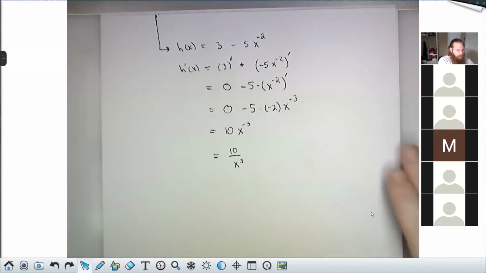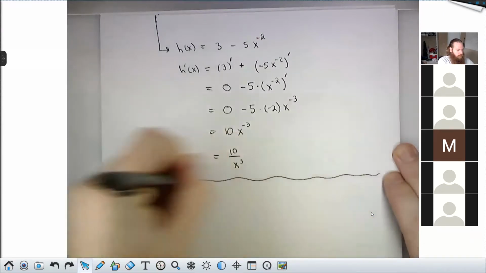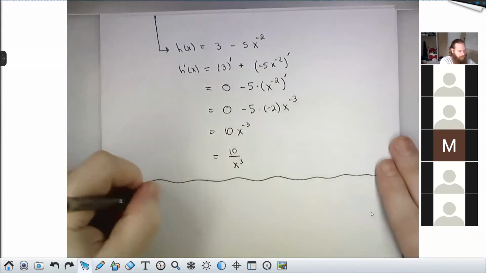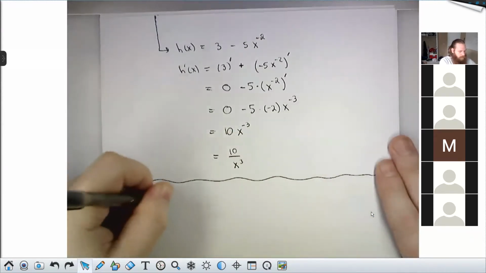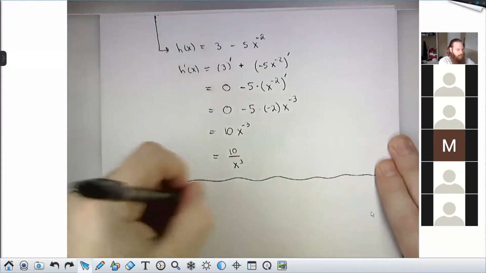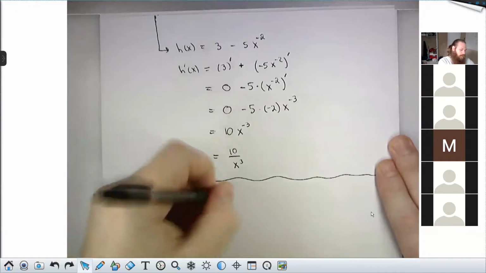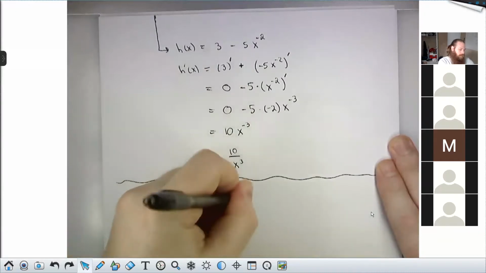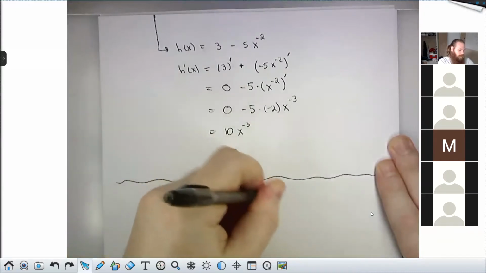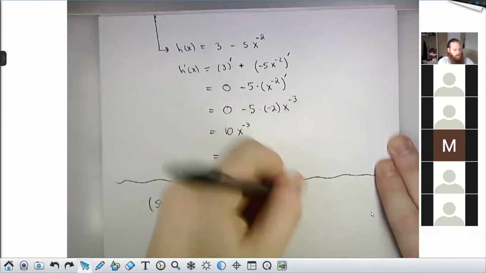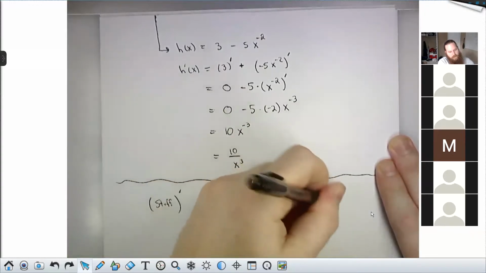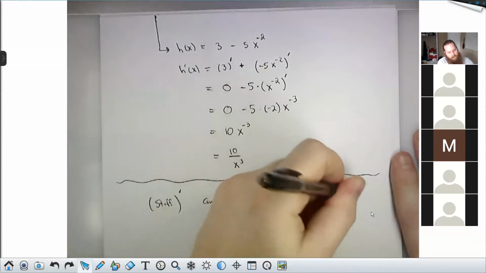The prime notation is good, but there's another notation for derivatives. Stuff primed can also be written as d dx of stuff.